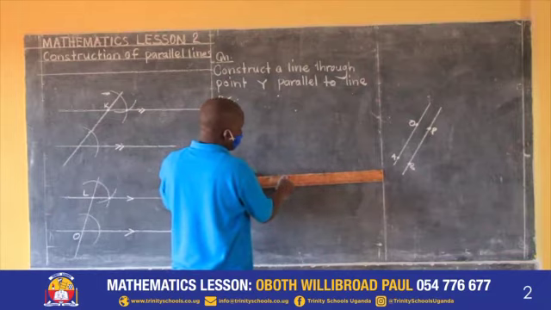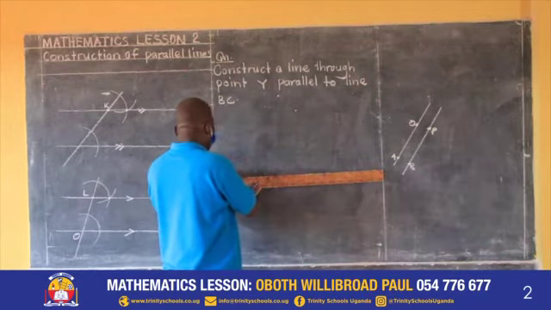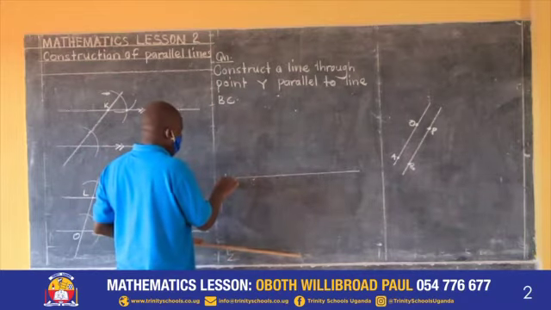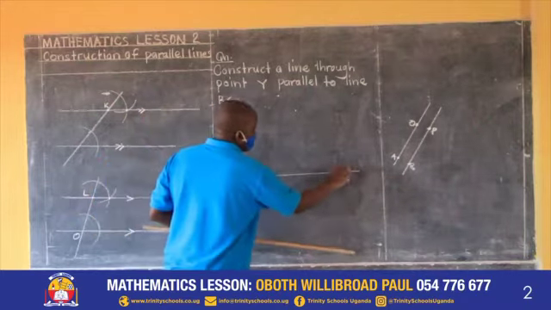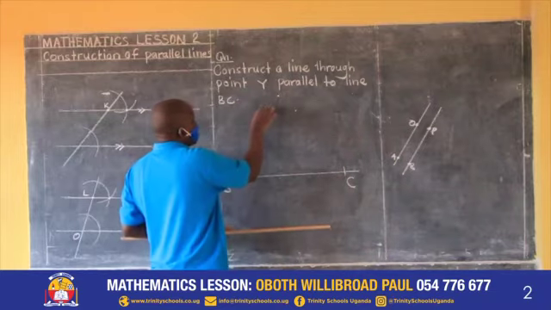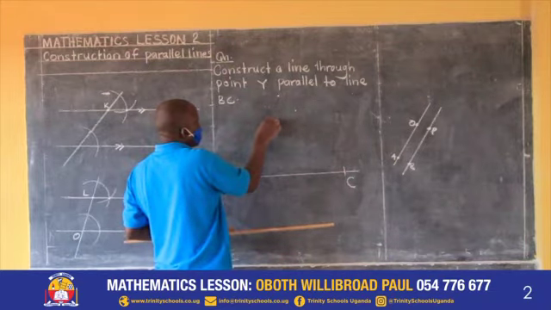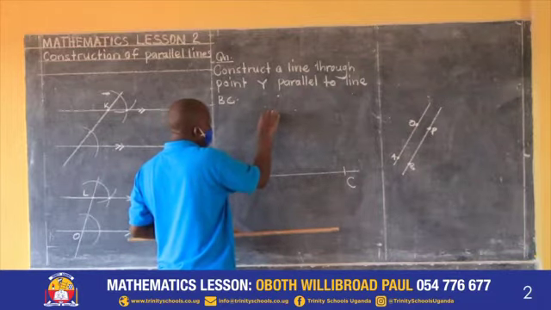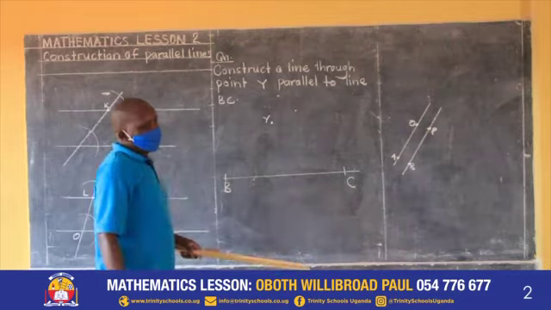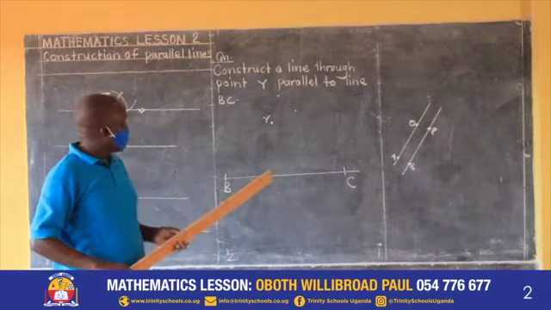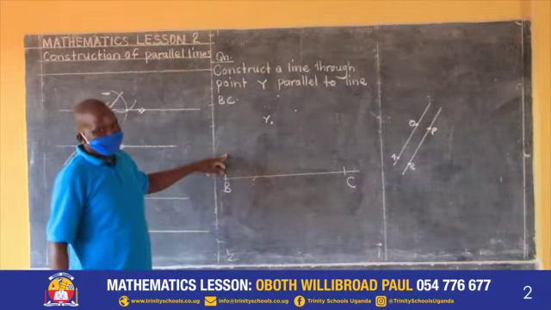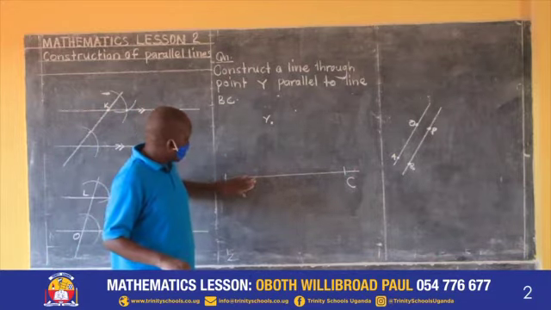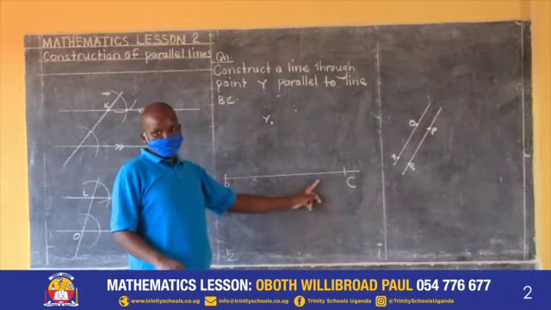So they have given you a line BC, and they'll put for you a point here called Y. Now this examiner wants you to construct a line which passes here at this point, that it must be parallel to this one.